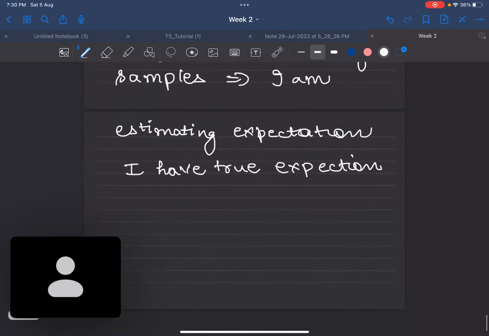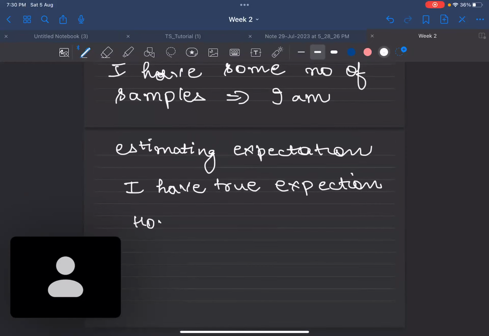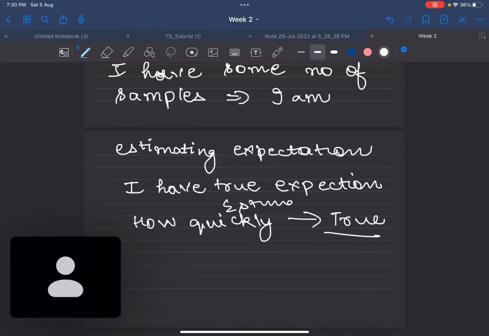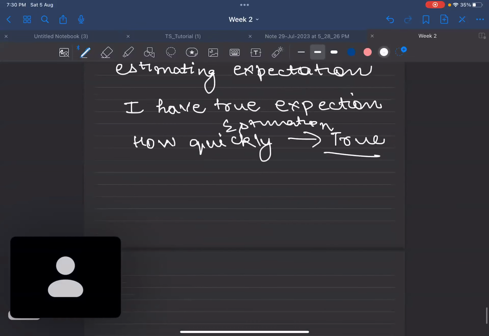So how quickly or how slowly the estimated expectation is reaching the true one, that is basically concentration. Did you get the intuition behind it? Yes, ma'am.